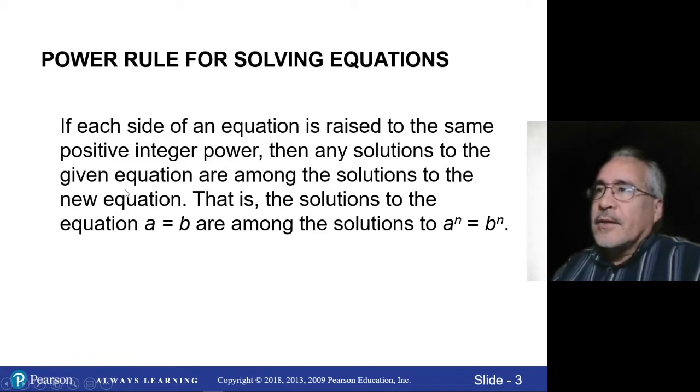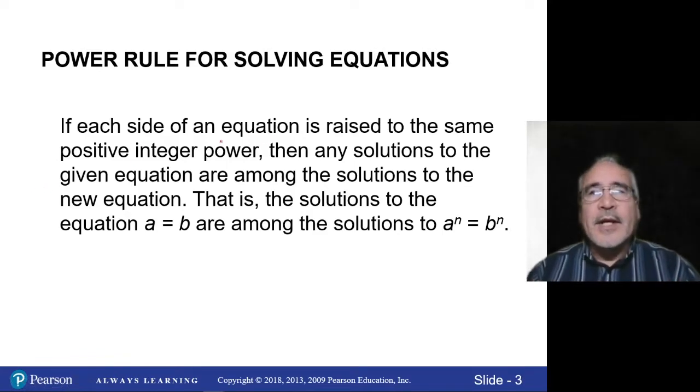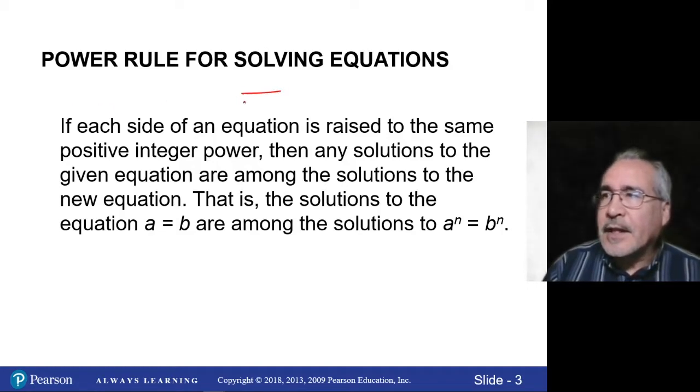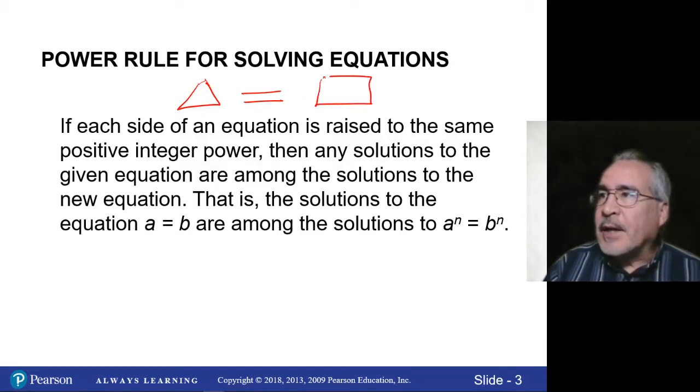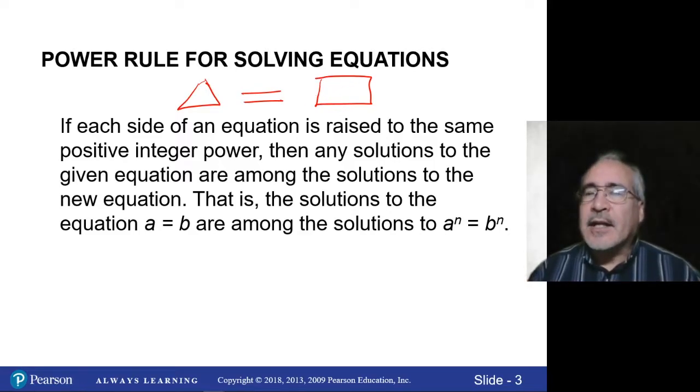Okay, so one of the rules we use is when we have an equation, we've got an equal sign. What this means is whatever's on the left side and the right side symbolically may look different, but conceptually they are identical. They look different, but they are identical. That's what that equal is saying. They're equally balanced as well.